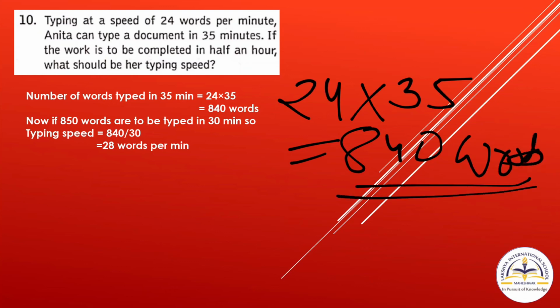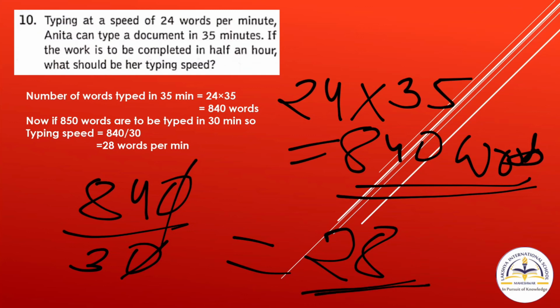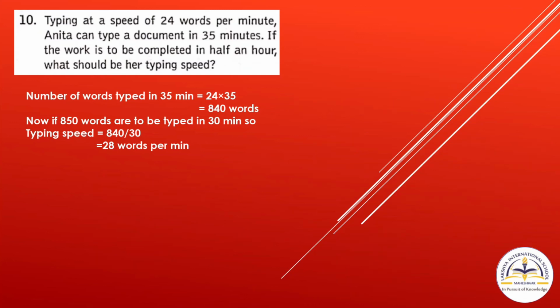Now 840 words are to be typed in 30 minutes. So the typing speed will be 840 divided by 30, that is 28. 28 words per minute will be her typing speed.